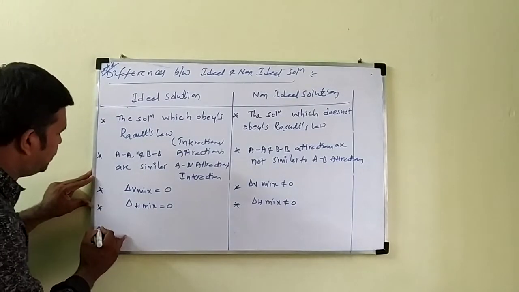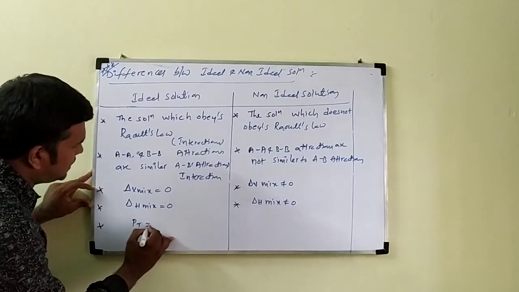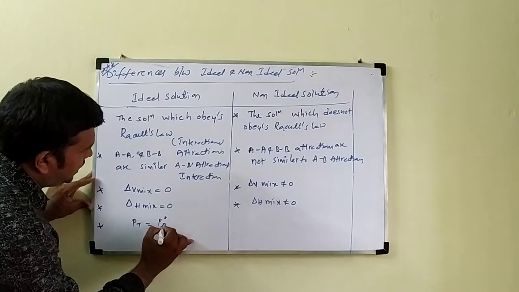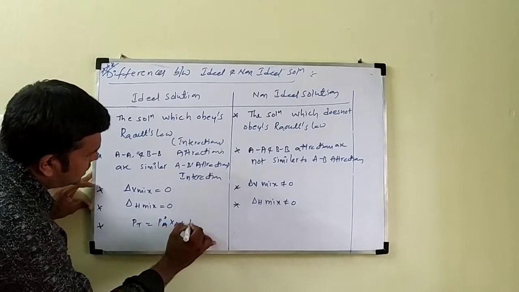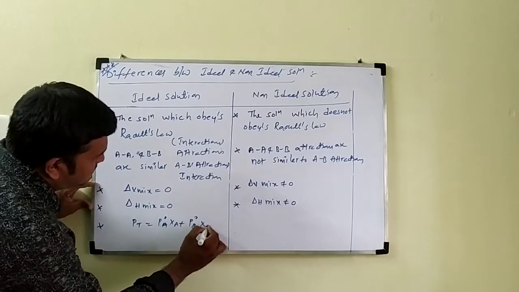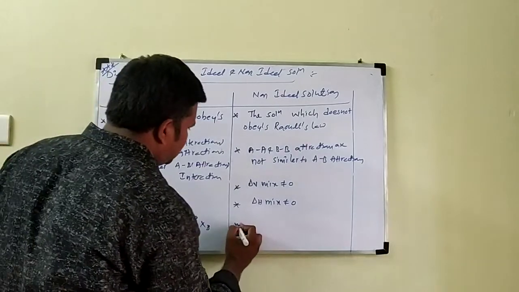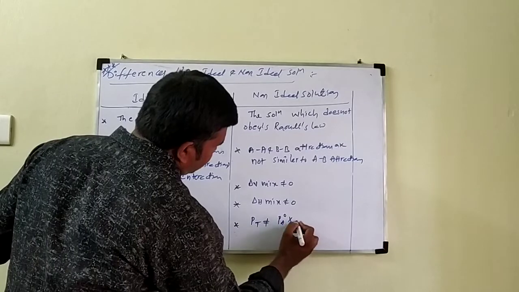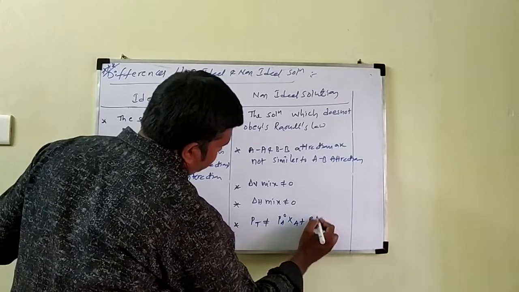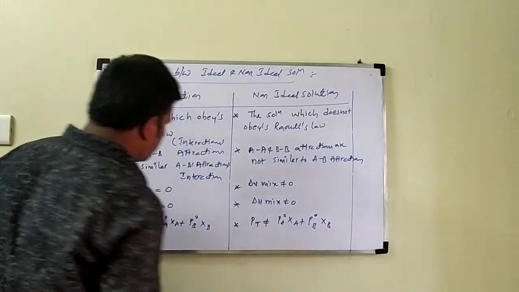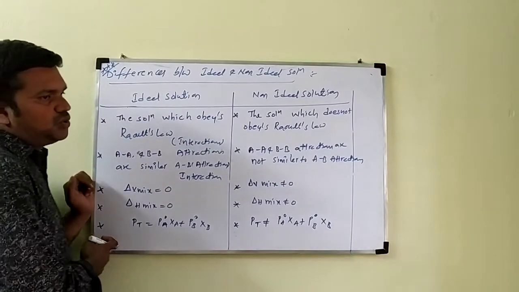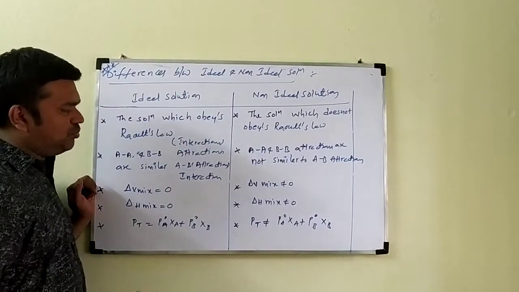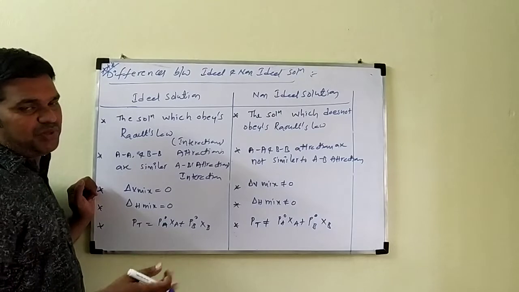And one more point you will write here. P total is equal to PA naught XA plus PB naught XB. Here P total not equal to PA naught XA plus PB naught XB. Means what here? The total pressure is equal to the partial pressures of the two components, PA plus PB. What is PA?